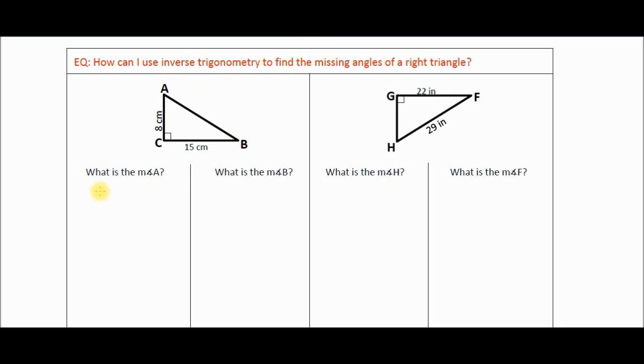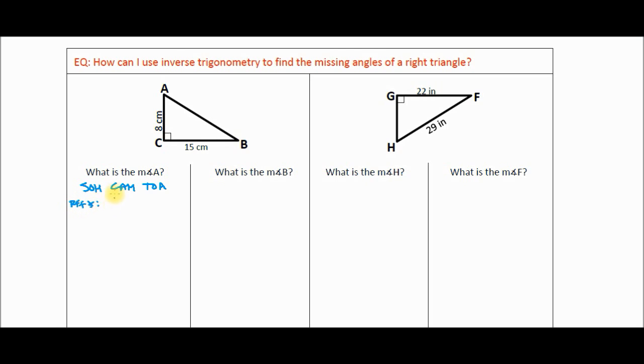Now, class, I'm going to solve this pretty much the same way that we solved missing sides. The first thing you should know is write SOHCAHTOA, because we have to figure out what trig ratio we're going to use. All right, let's figure out what our reference angle is.